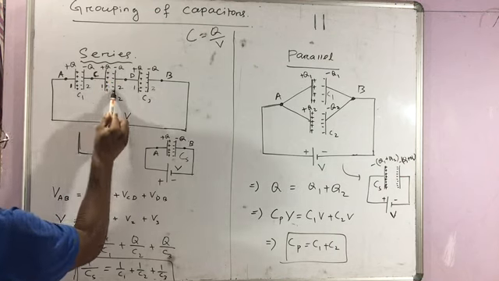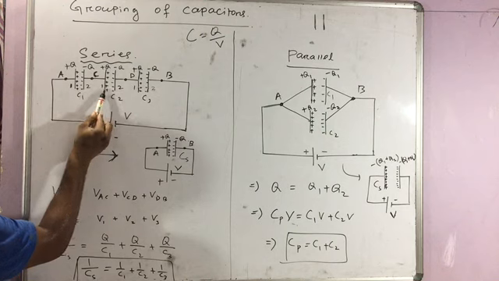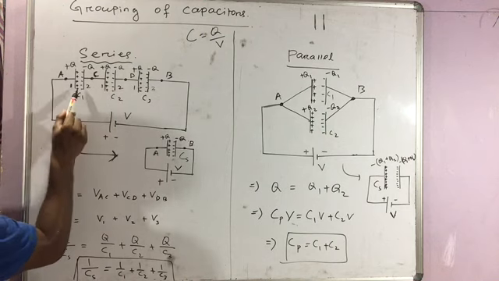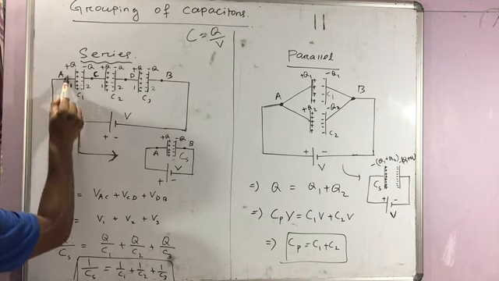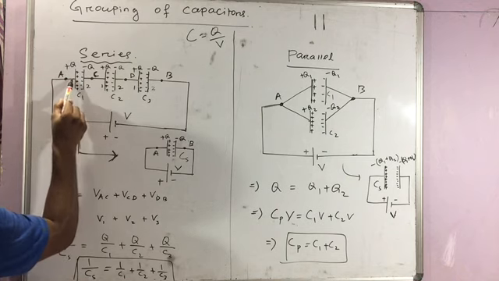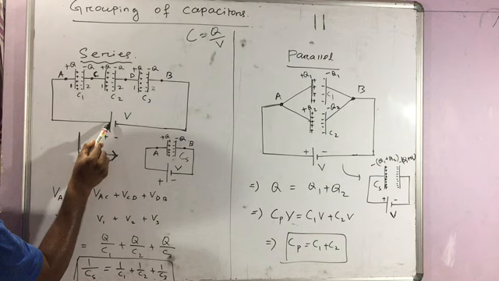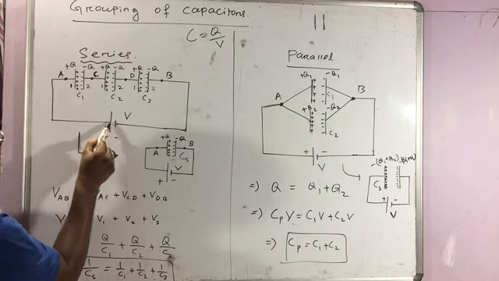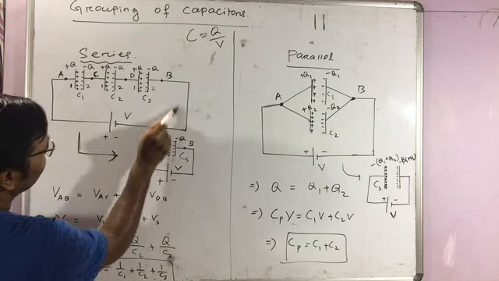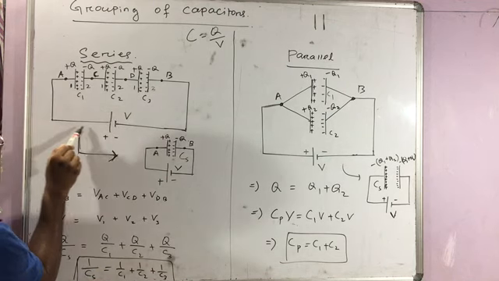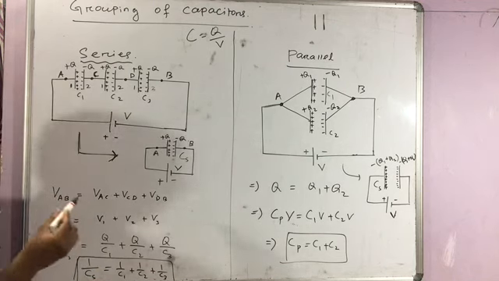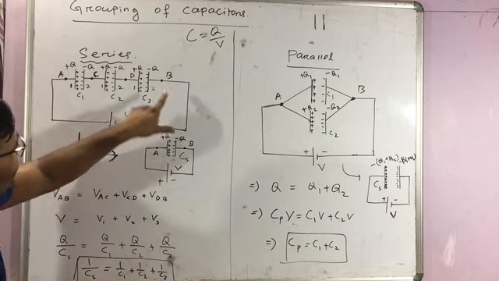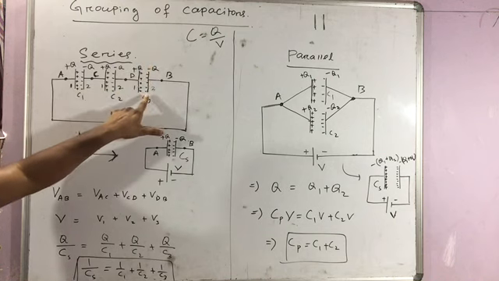Clear? A similar thing occurs here, and this negative charge flows here, and again a similar thing occurs here. As the positive terminal is connected to this plate, all the negative charges flow here, and whatever charge comes to the circuit, the same charge returns to the positive terminal of the battery. So in this process, the battery is sending Q amount of charge to this plate.